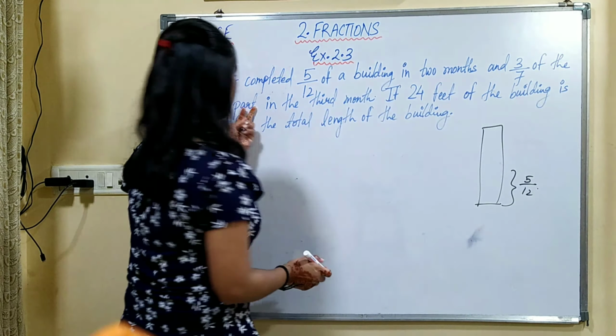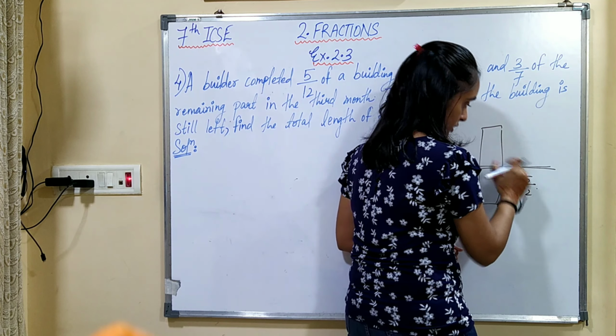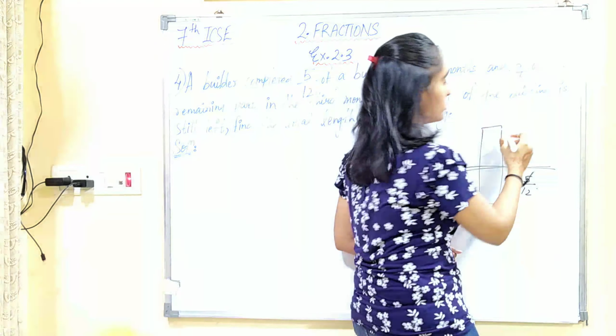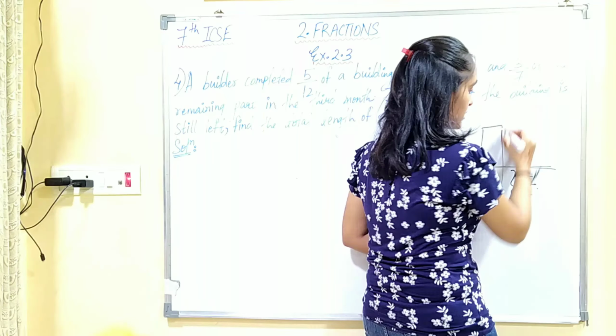So in the third month, he completed 3/7 of this part. So this part was divided into 7 parts. Out of it, 3/7 part was completed in the third month, and this was done in the first 2 months.